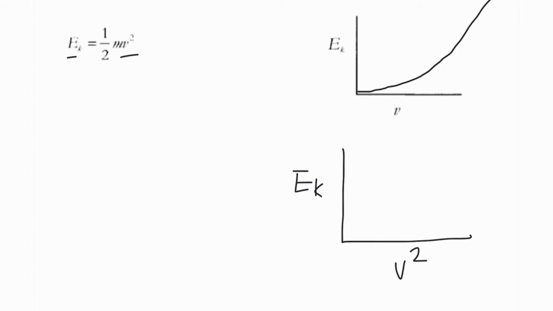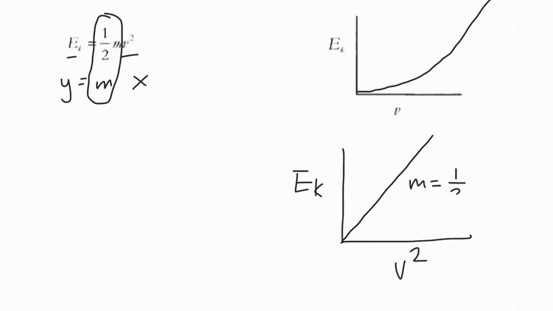So I would take my v values, I would square them, and then I would have a straight line. So my responding variable is ek. My manipulated variable is v squared. What's left is my slope. And in this case, it's 1/2 m. So my slope is going to be 1/2 of the mass.